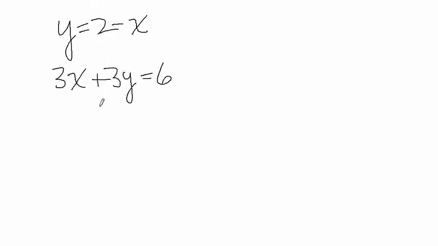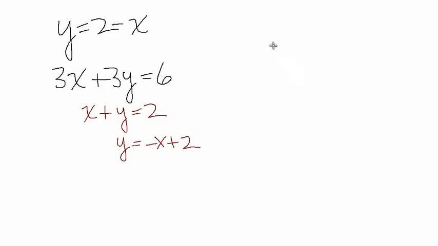Let me write the second linear equation in slope-intercept form. I'll first divide through by 3, then I'll move the x to the other side. And you can immediately see that both linear equations correspond to the same linear equation in slope-intercept form.